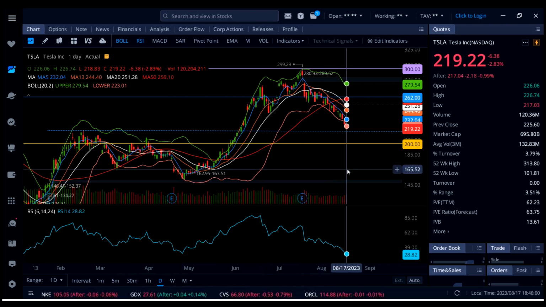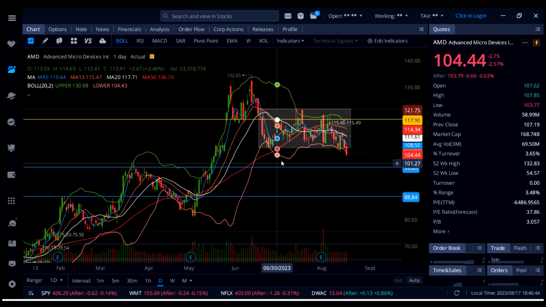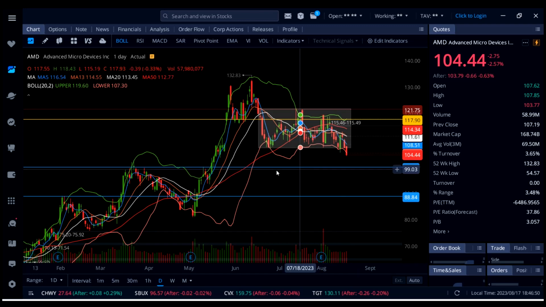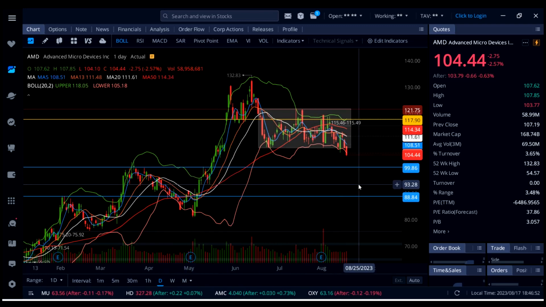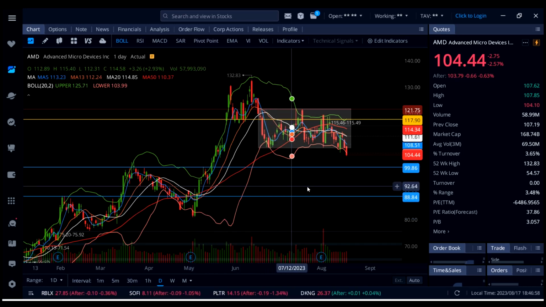On AMD, stock is down 2.57% and finally breaking under right here, a lower band on this daily chart, and also breaking below 105. And I said it last night, the next target 100 flat on AMD, and that is possible. Also getting a bit oversold, so don't be surprised if there is a dead cat bounce on AMD up to 108.